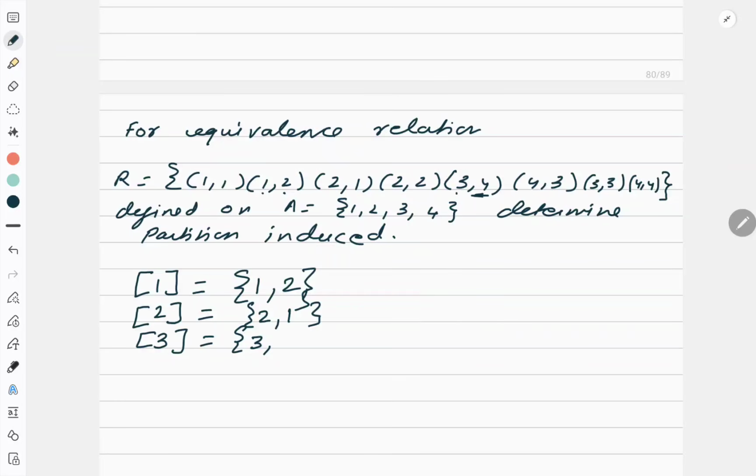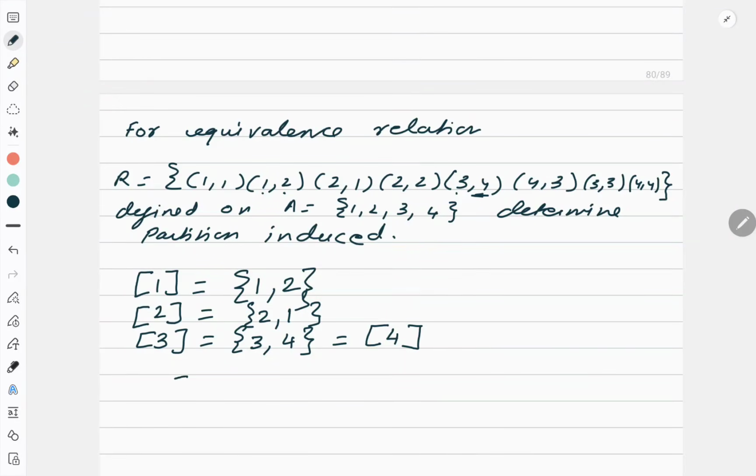Then 3 is connected to 4 here, so I'll put 4 also. Is 3 connected to anything else? No. So this is correct. Since 3 is related to 4, the equivalence class of 4 will also be the same. You can cross-check: for 4, it is 4 and then 3. Correct? The next element is 4, which I have already done.